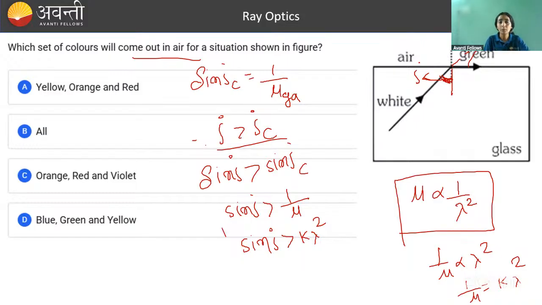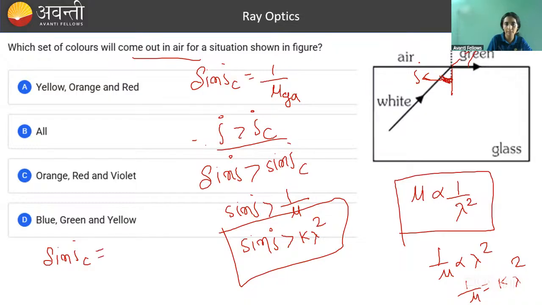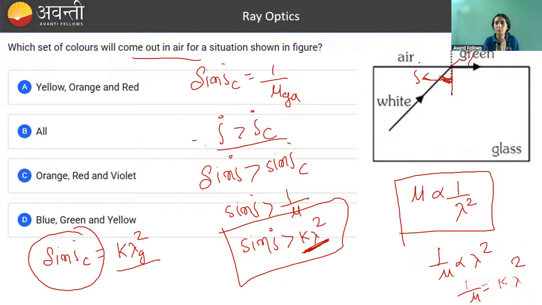Now let's think about green. For green, this I is equal to IC, and this is equal to k lambda green square. So basically sine IC is k lambda G square.